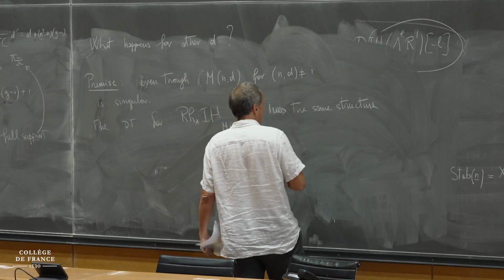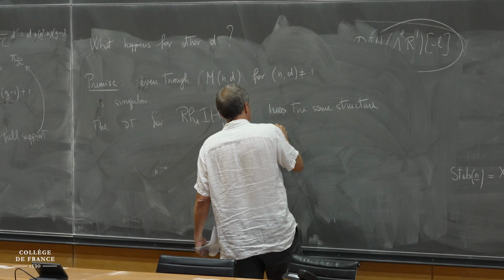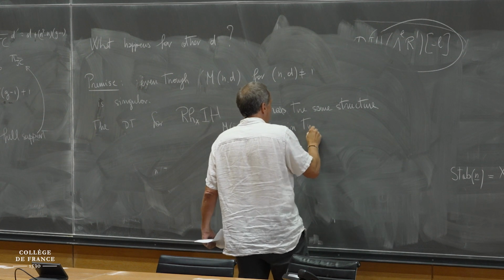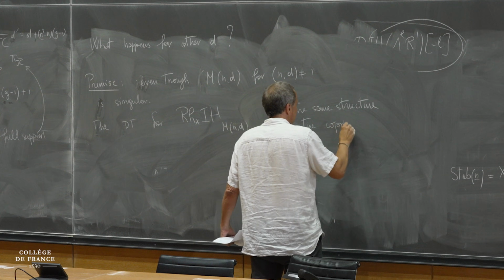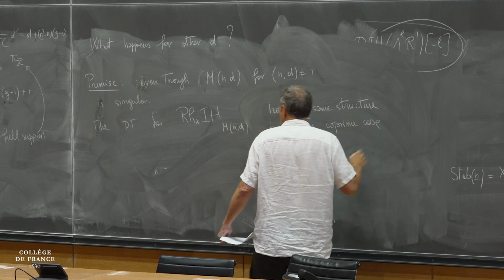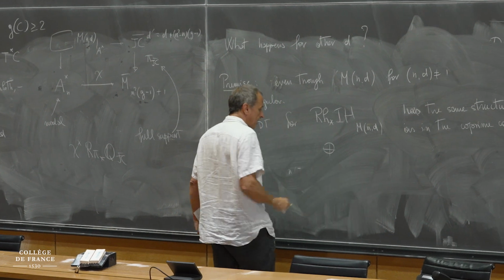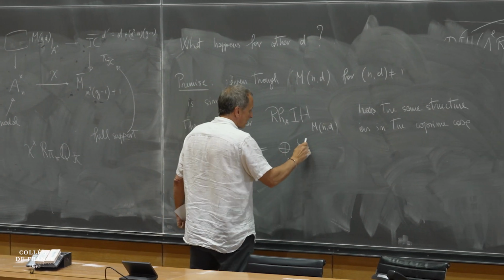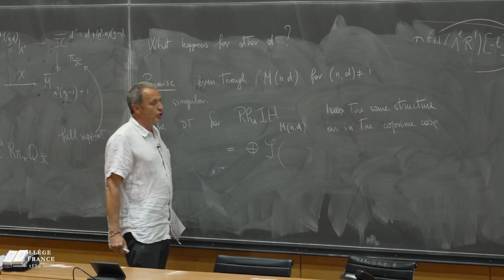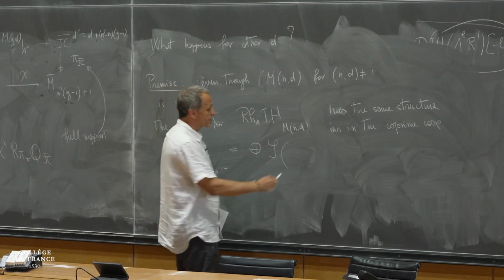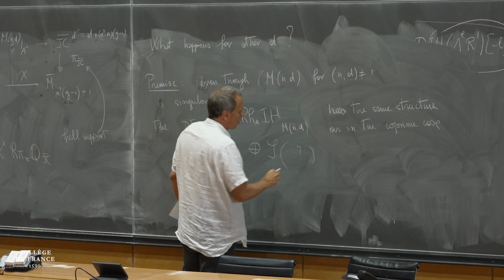I will say what I mean as in the coprime case. And by structure, I mean that this is still a sum of some Ngo strings with, for some objects here.